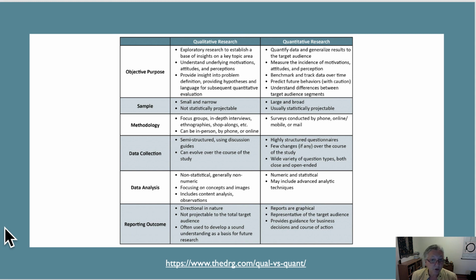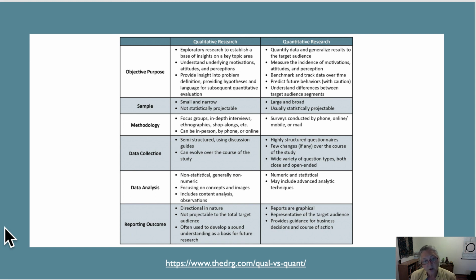The samples are usually smaller and they're more narrow, and you're not using a statistical perspective to do them. You are usually doing enough interviews and doing enough work until clear themes develop. Often, qualitative research will take longer than quantitative research.